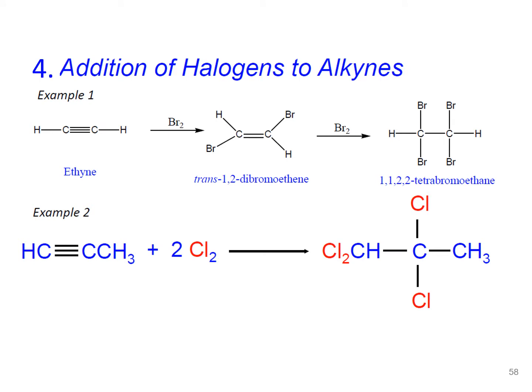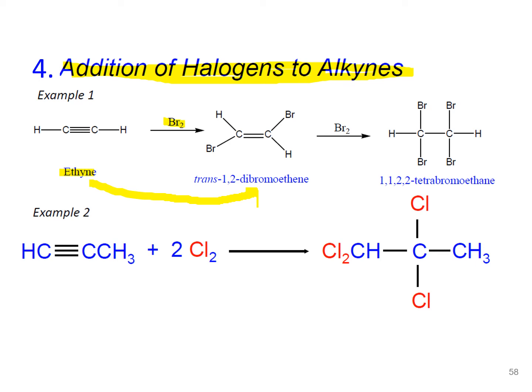Next reaction is the addition of halogens to alkynes, and this is an example of a symmetrical reaction. So the first example is ethyne reacting with bromine, which is the halogen, and ethyne is first converted into ethene, which is 1,2-dibromoethene.